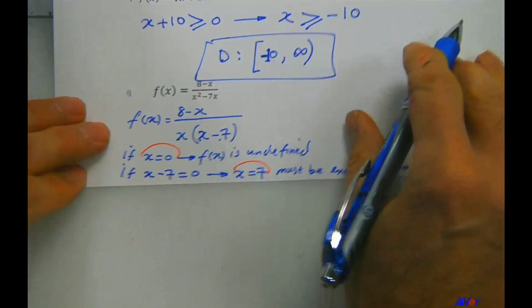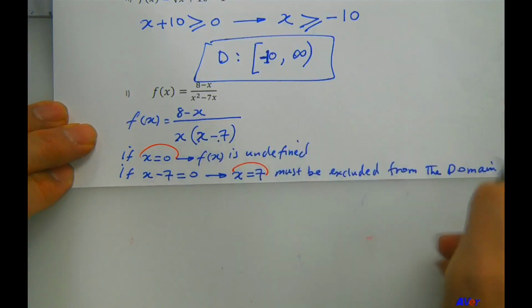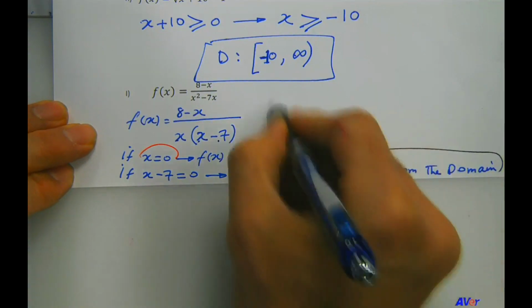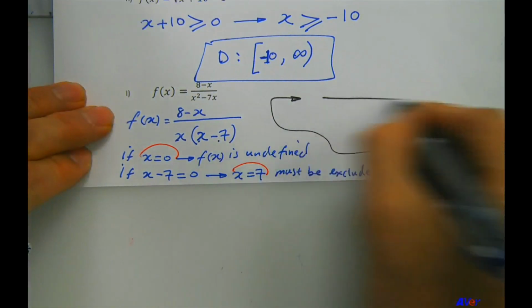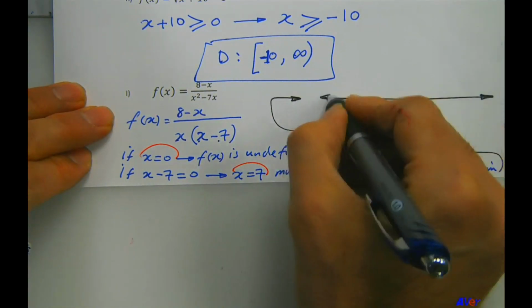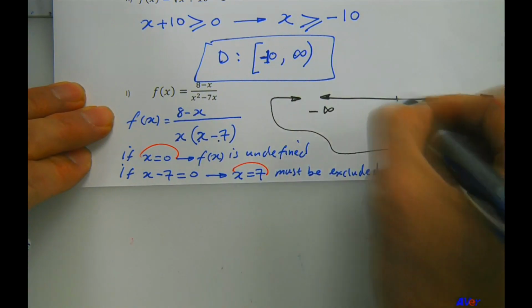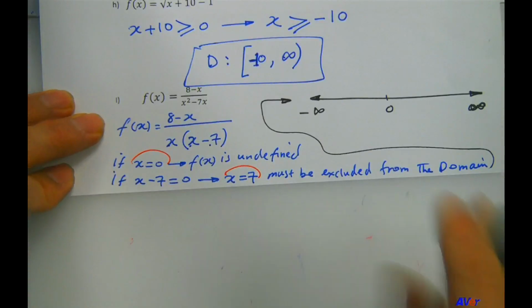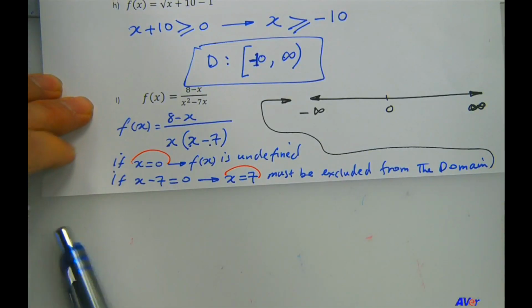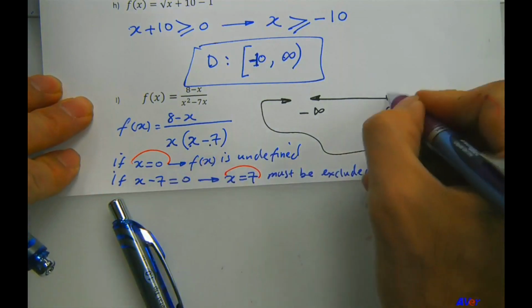So let's write down the domain. Well, before that, let's graph this, right? So let me come up here and put the graph here. Okay, so x equals 0 should be excluded.